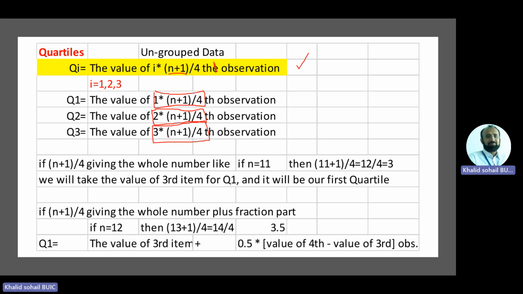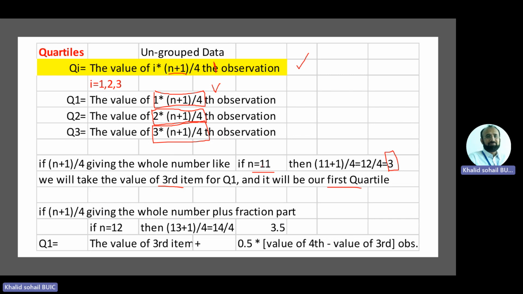Now, for example, after calculating this number, we get a whole number. Say if n equal to 11, and we put it in for the first quartile, we will get the number 3. So it is very easy: we just take the value of the third item for Q1, and it will be our first quartile. I will also explain with the help of an example.